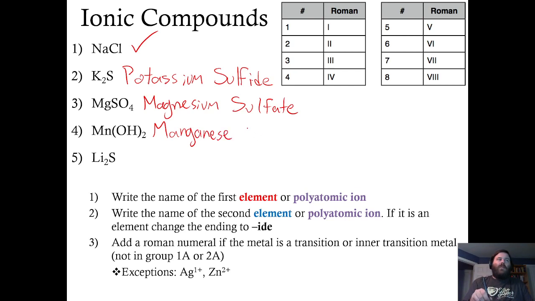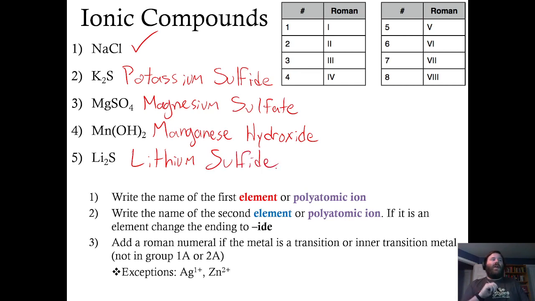Then we've got manganese, and then we've got another polyatomic ion, hydroxide. And finally, lithium, we write this first one, and then we've got sulfur again, so it is once again sulfide. I forgot one thing. In this manganese one, manganese is a transition metal.